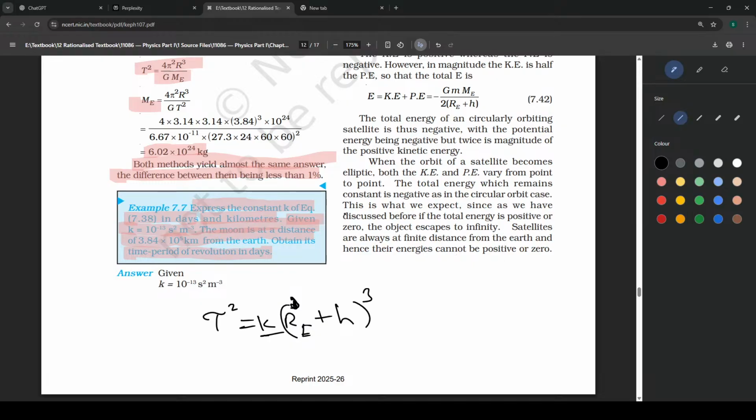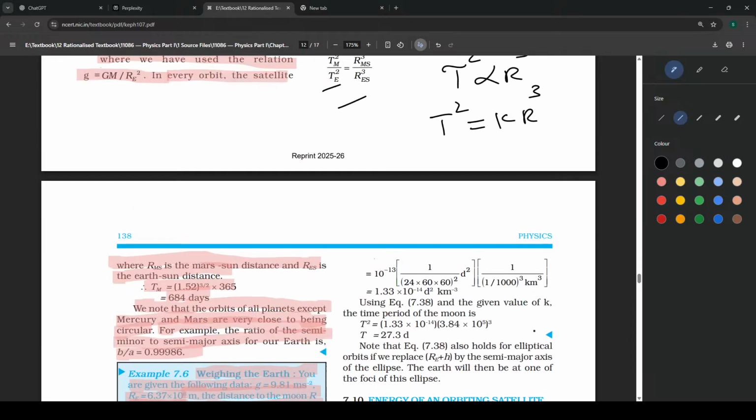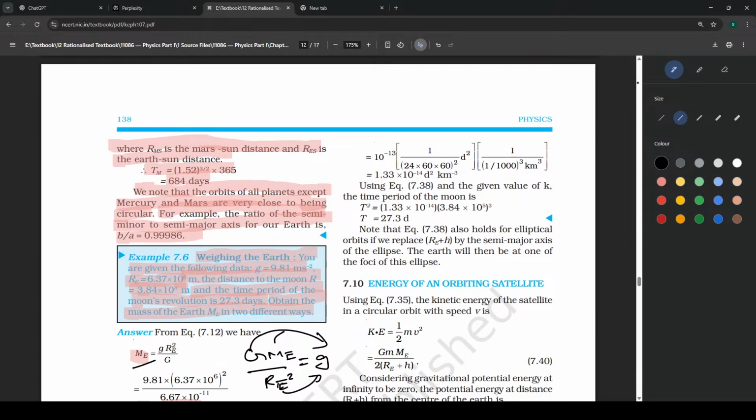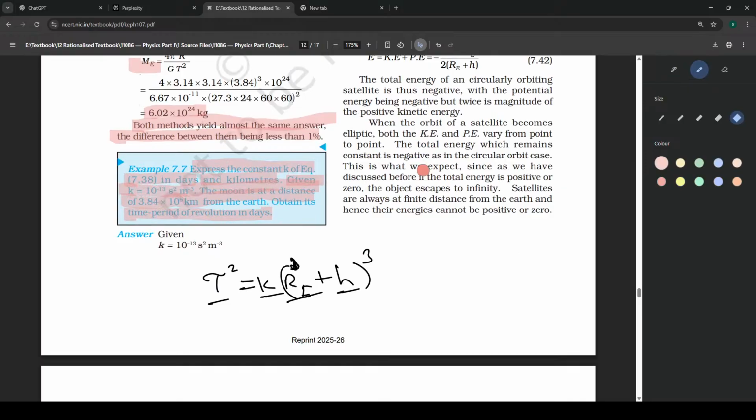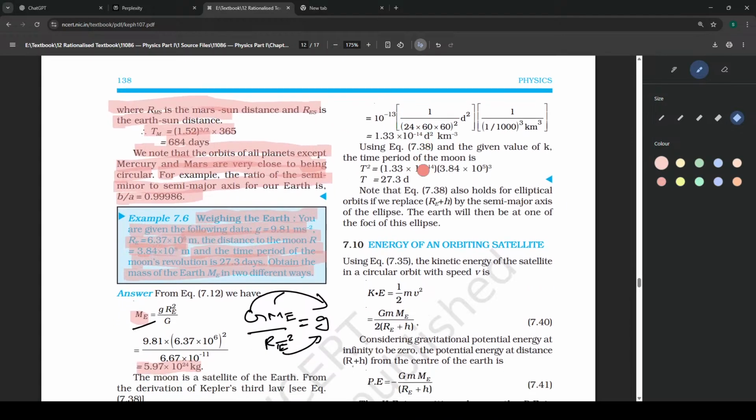They have given us the h value. We know the RE value. We need to find the T value. We will directly get it as 27 days.